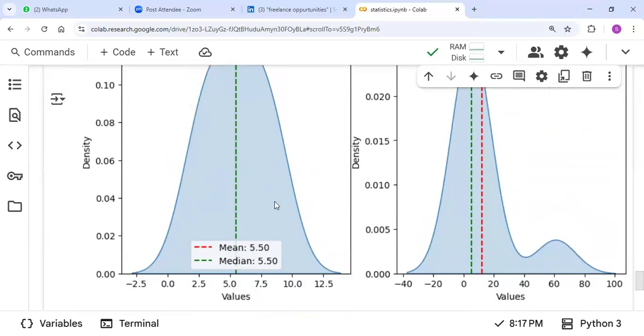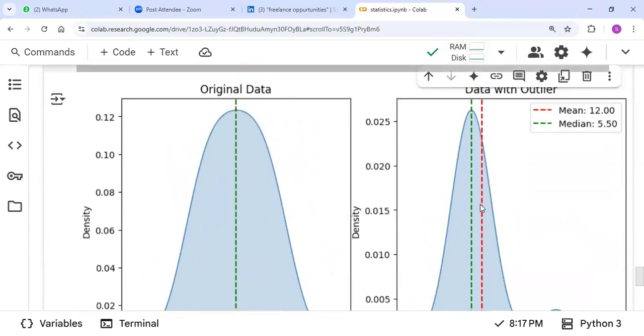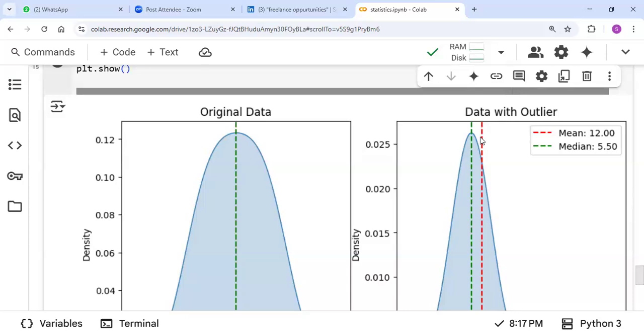It is a symmetrical distribution. This type of distribution is called a skewed distribution, where the red mean line is deviated towards the outlier. The outlier present here, like 61, is going to be an outlier. So we will have the deviation towards the outlier, whereas the median will not get impacted.